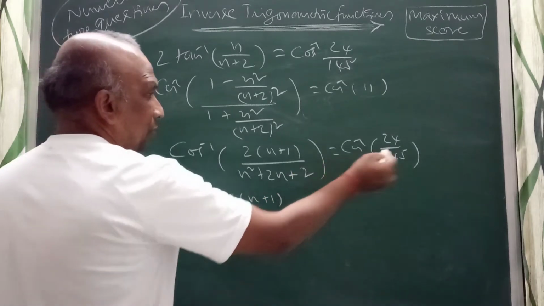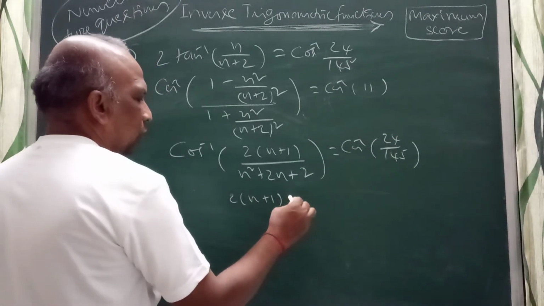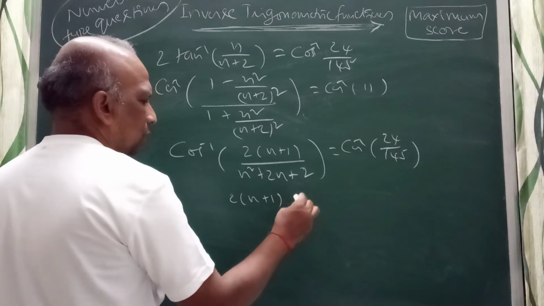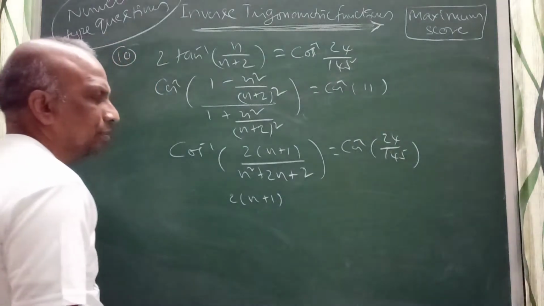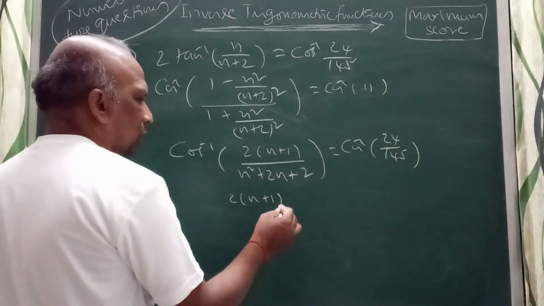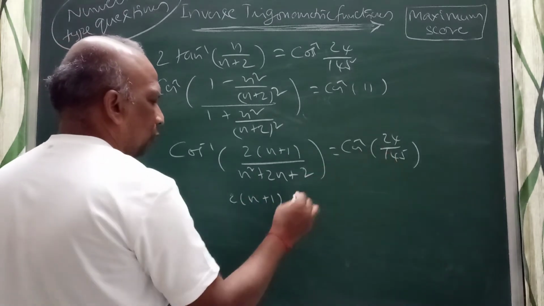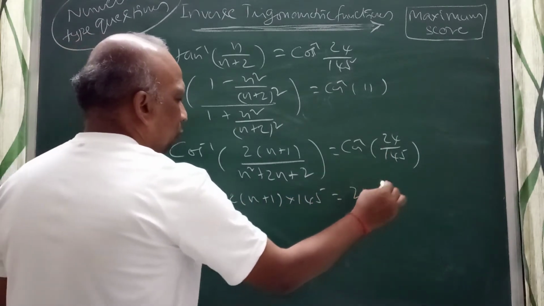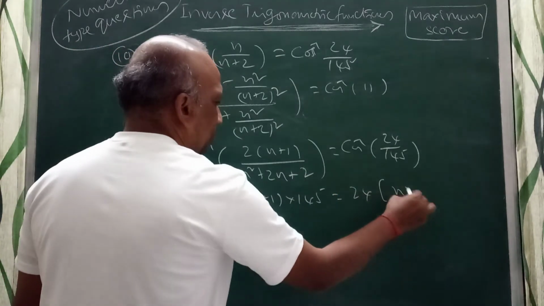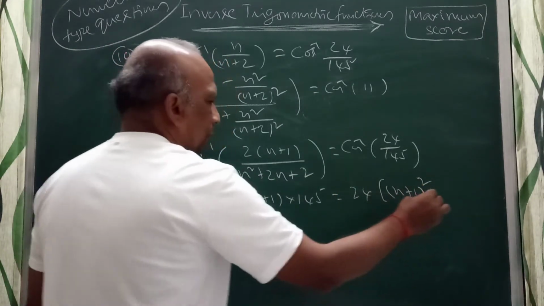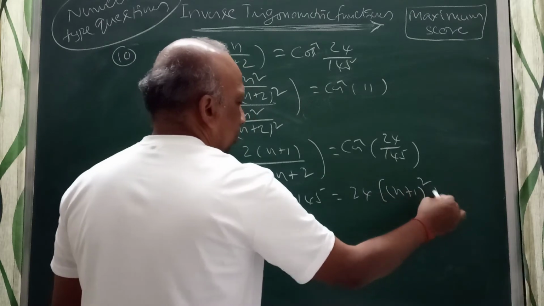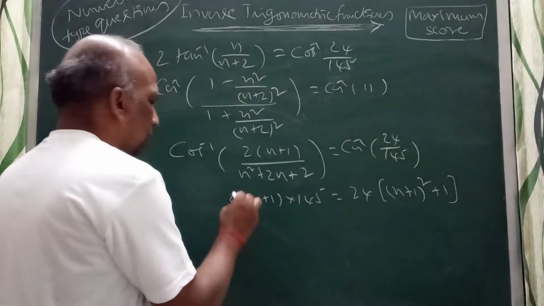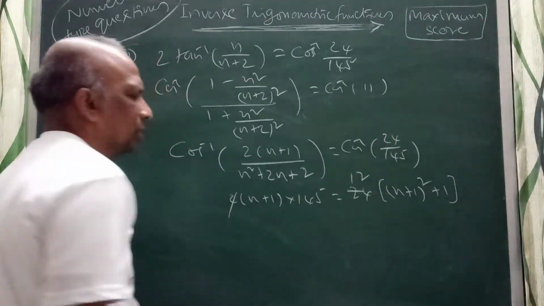2 into n plus 1 over n plus 1 whole square plus 1; if we take this equal to this one, we can verify it. I can express this as 2 into n plus 1 into 145 equal to 24 into n plus 1 whole square plus 1. I can simplify this.